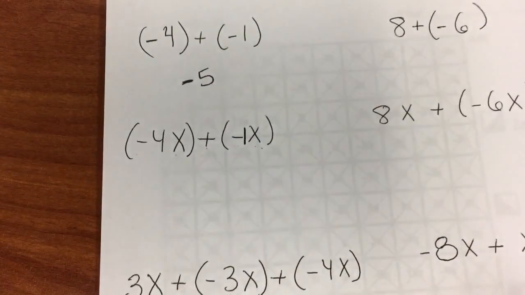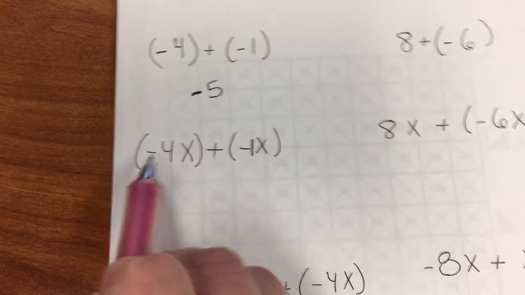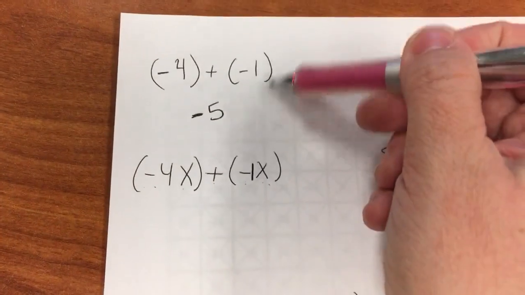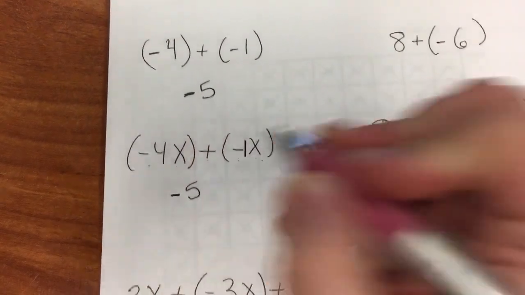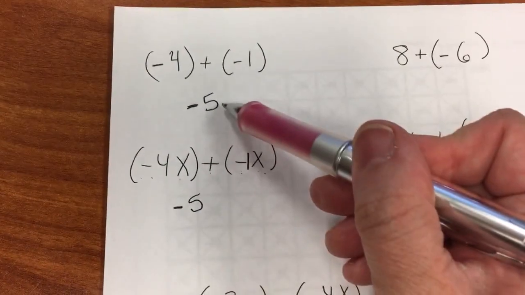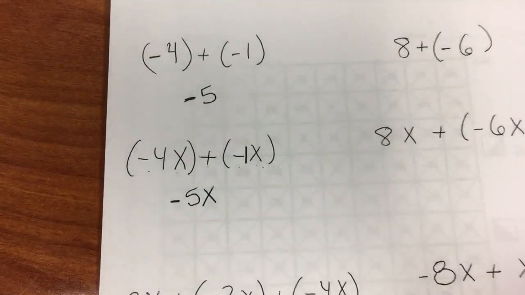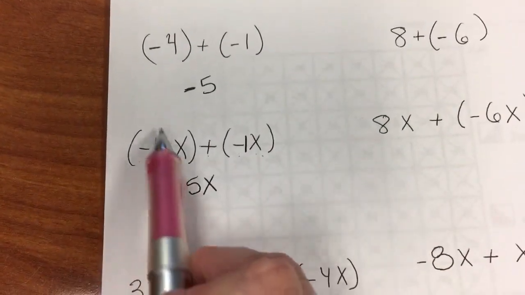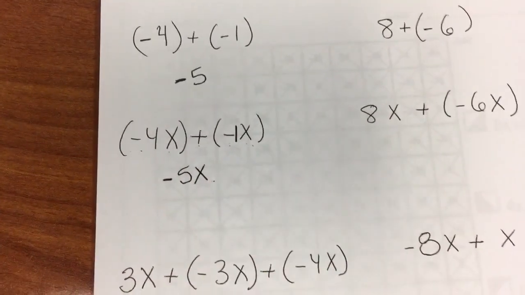We just don't have to write the 1. But I'm really just adding or combining the negative 4 and the negative 1, just like I did up here. So this is going to be negative 5, except instead of just talking about a number, I'm talking about x's. So this is negative 5x. I'm just adding those coefficients, and I'm keeping my x.